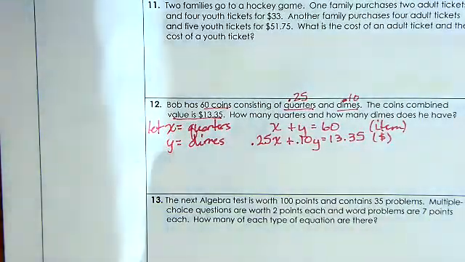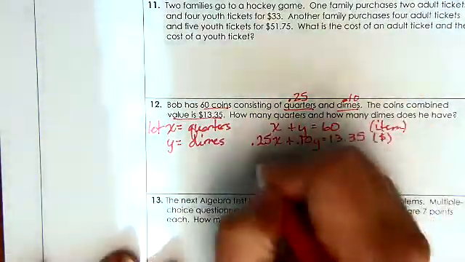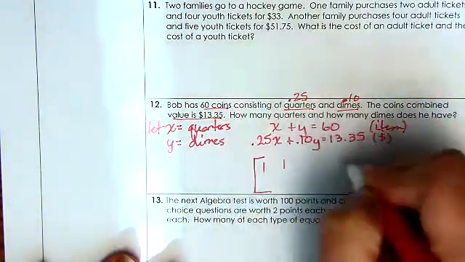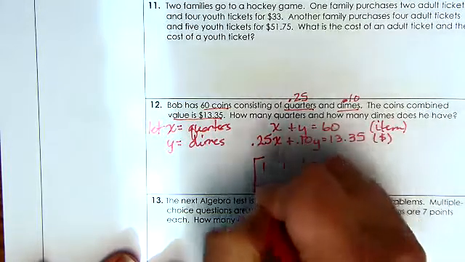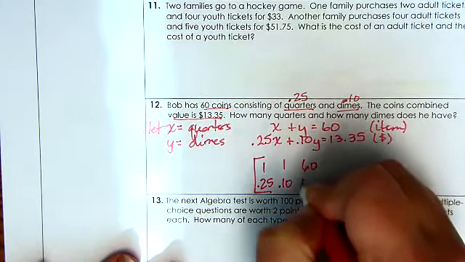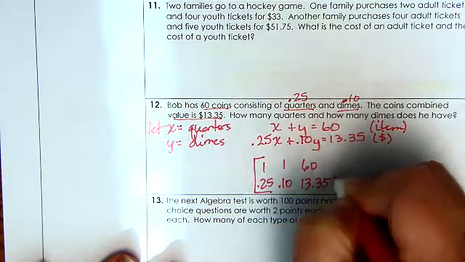All right, now I can write a matrix. That's the system already written. So I'm going to have 1, 1, 60, 0.25, 0.10, 13.35.